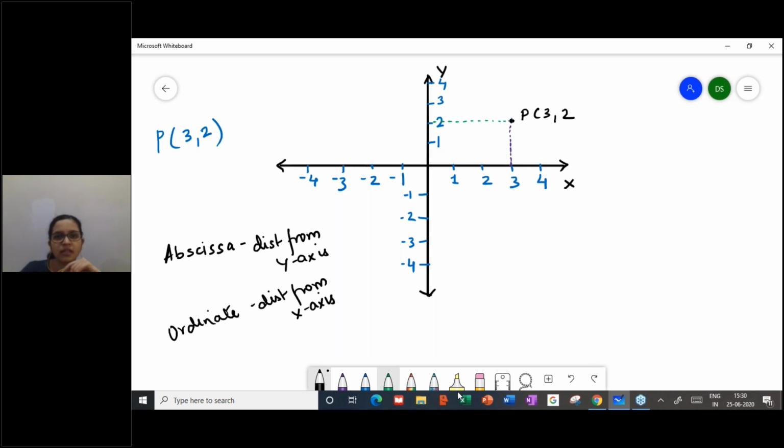So this line here will be the abscissa, right? Distance from the x-axis is basically a line drawn from the x-axis to the point, and this is the abscissa. Okay, and I can say this is the ordinate.